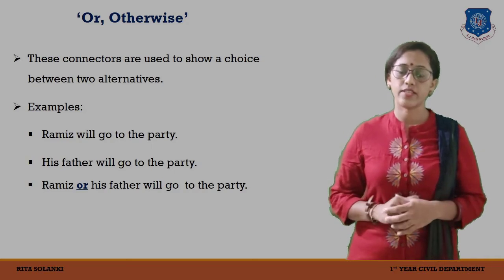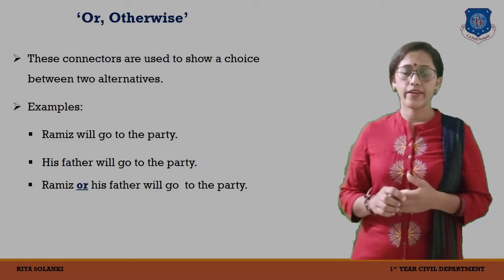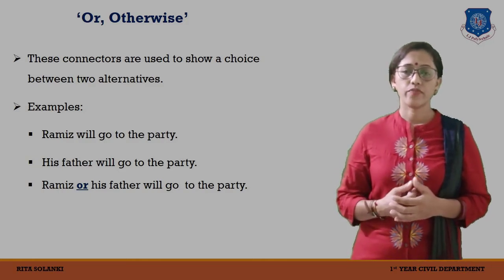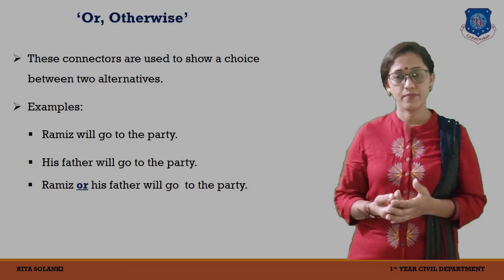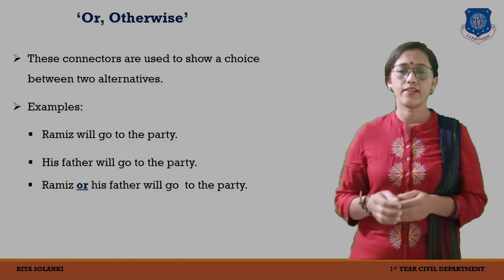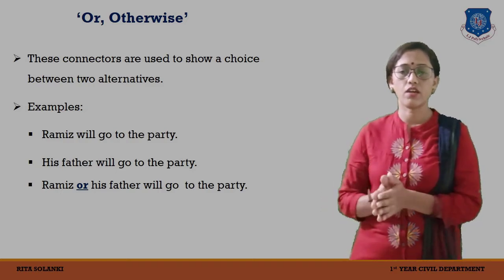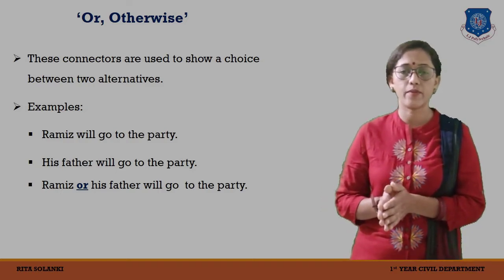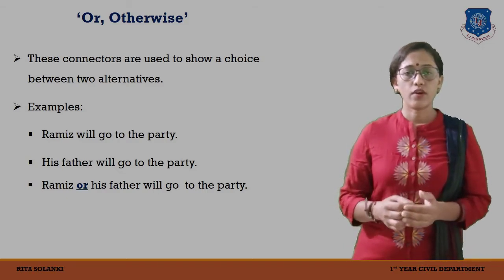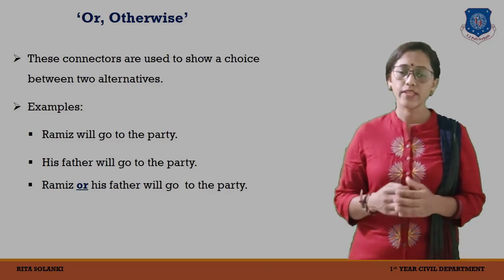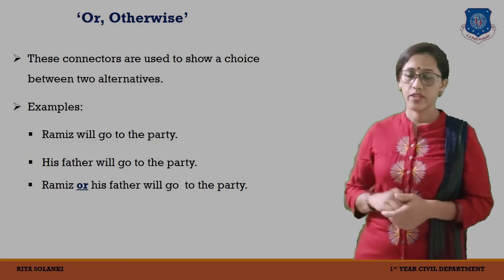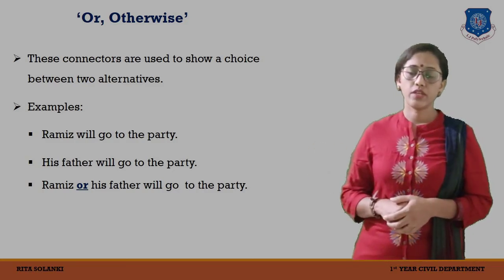Or and otherwise. Or and otherwise, these two connectors show option, or a choice between two alternatives. So when we want to say that something else or something other will happen, at that time we will use these two connectors, or and otherwise. For example, Ramesh will go to the party, or his father will go to the party.